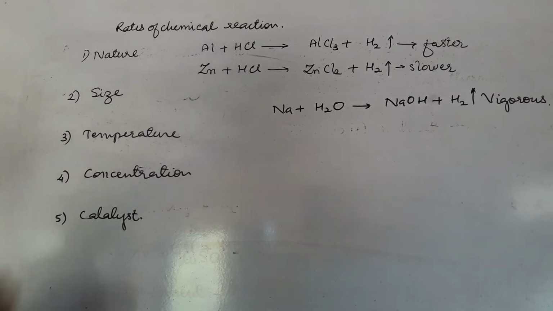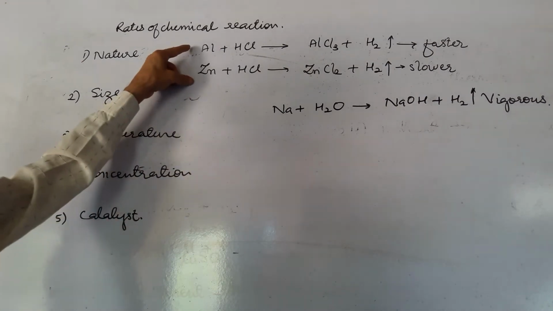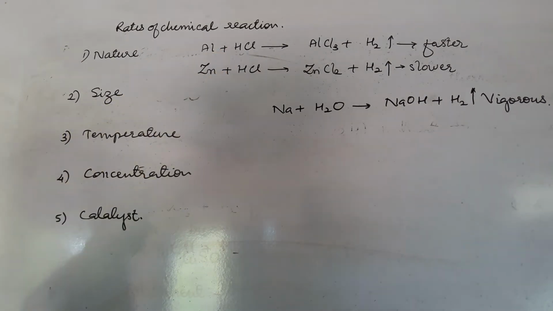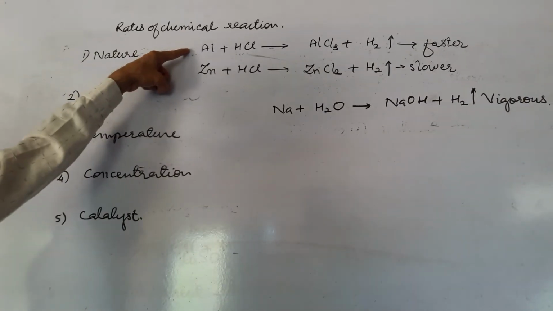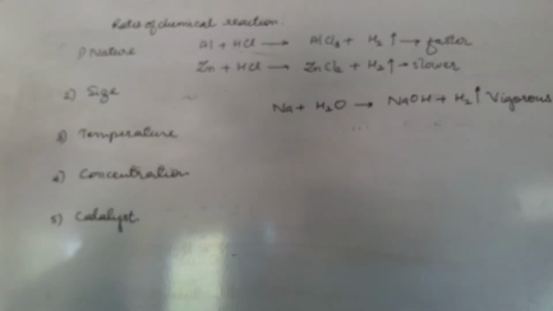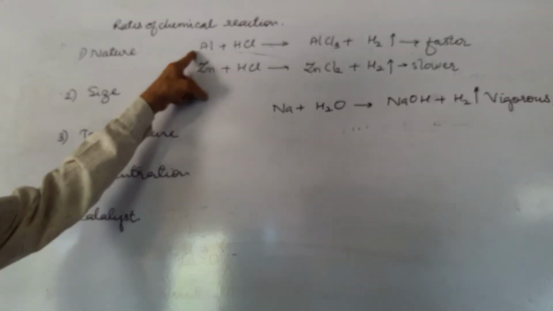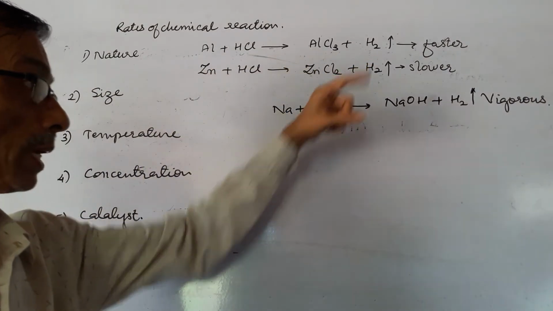At the same time, if you take aluminum and zinc in test tubes and add concentrated hydrochloric acid to both, you'll find that the reaction of aluminum with hydrochloric acid takes place faster than that of zinc with hydrochloric acid. So here aluminum and hydrochloric acid give aluminum chloride and hydrogen gas.